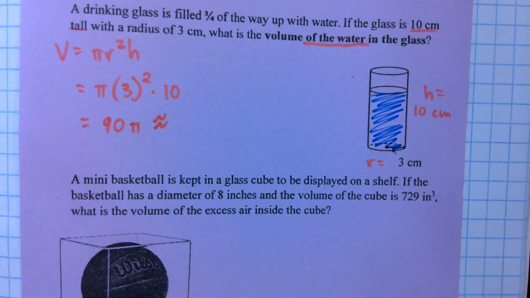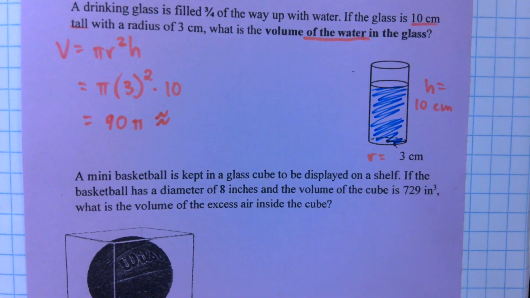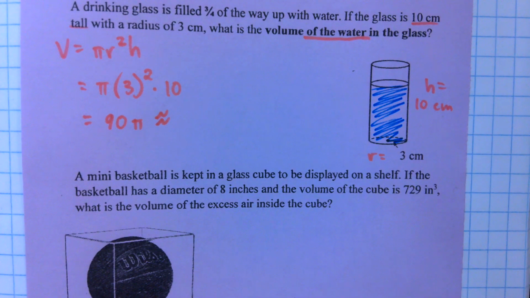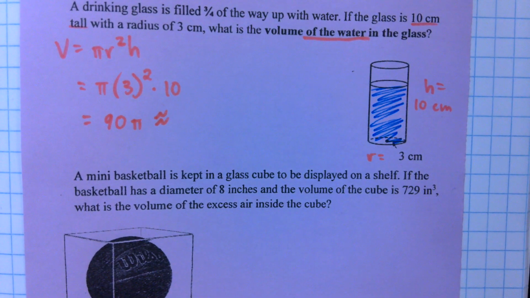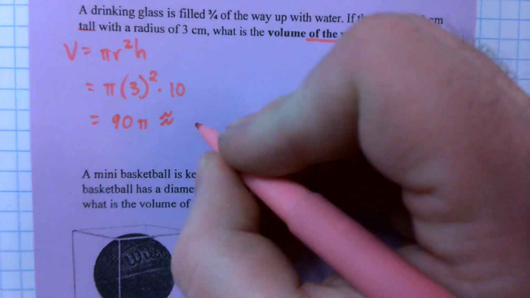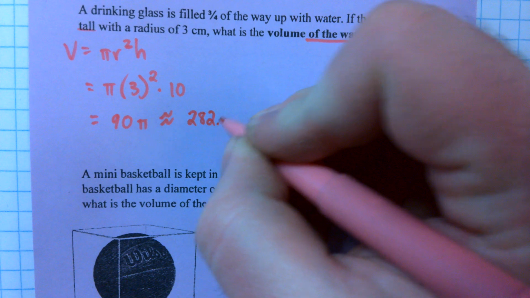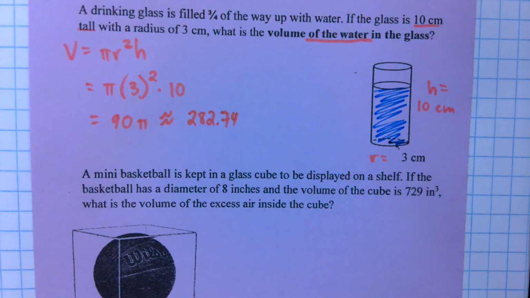Because we're dealing with a real-world context, this is kind of like a word problem. We're not just talking about some random cylinder. We're talking about a glass of water. We're going to approximate this, okay? 90 times pi is about 282.74. What are my units on this volume?